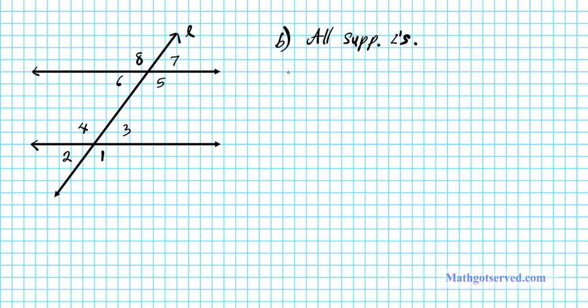Angle 8 and angle 7 form a linear pair. So that's our first pair: angle 8 and angle 7 are supplementary. Angle 8 and angle 6 also form a linear pair, so they are supplementary.